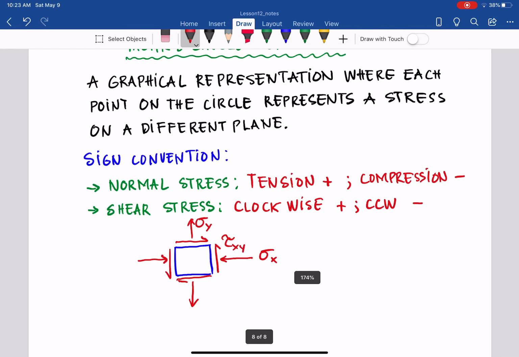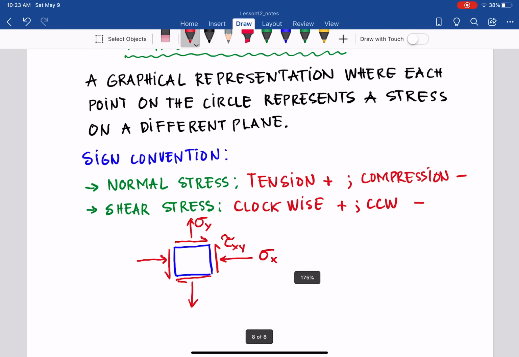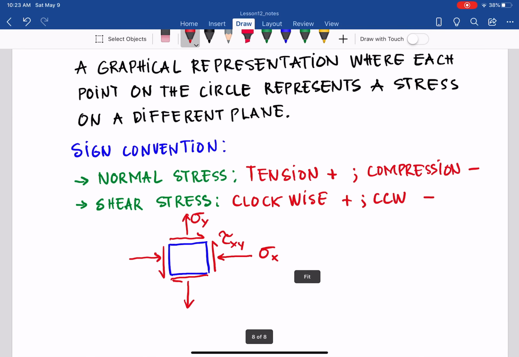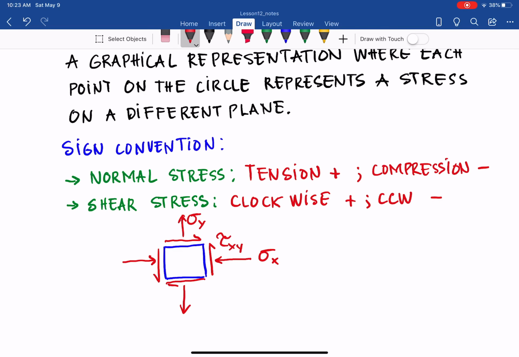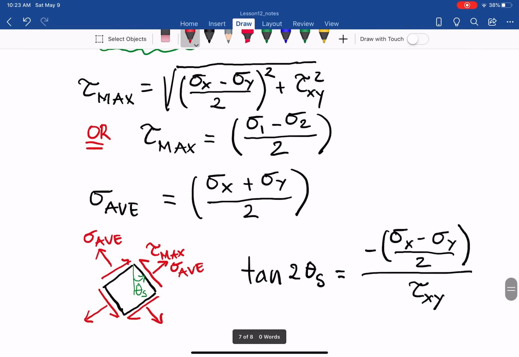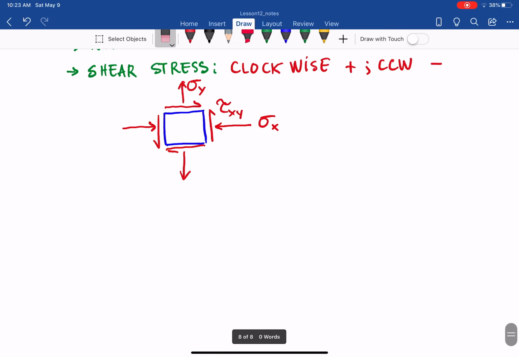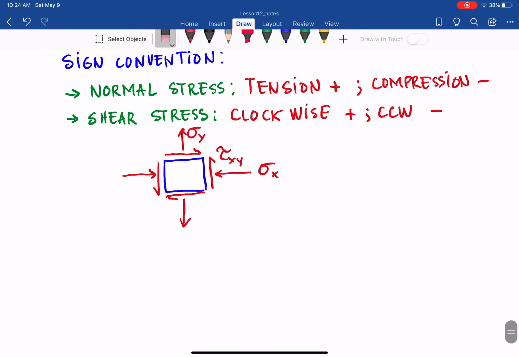Sigma y is in tension, right? It goes out of the plane, so it's in tension, so it's positive. So in this case, if you use the equation that we discussed here, in this block we have sigma x negative and sigma y positive.